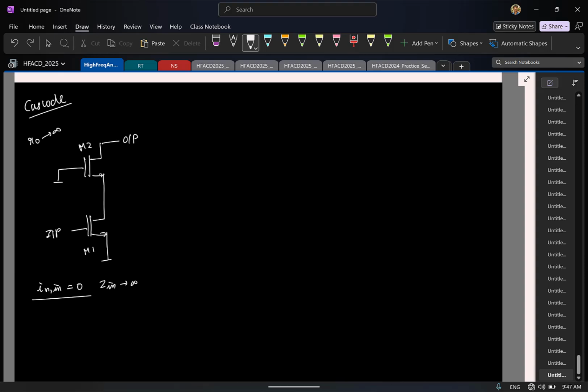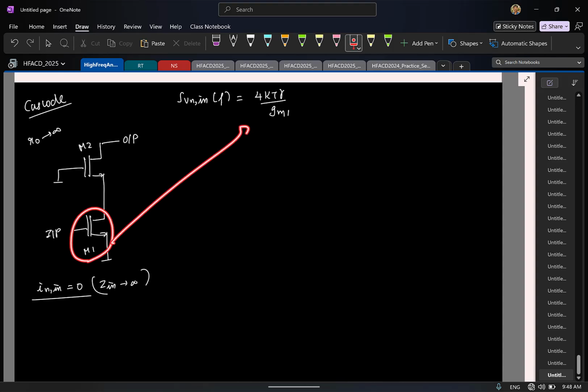Input is connected to the gate of the MOSFET M1. What can you say about the contribution of M1 to the overall input referred noise voltage? You can straight away write it as 4kT gamma by gm of transistor M1. So contribution of M1 to the overall input referred noise is done.